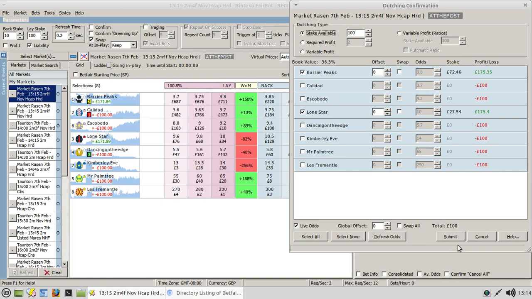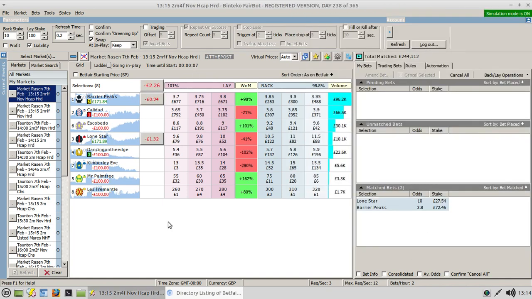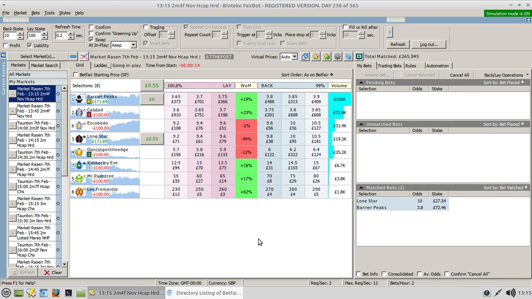Okay, so just about off time. Let's just submit that and we'll see how it goes. Once again, we'll let this race run through to its conclusion, though keep in mind that the idea here is to actually trade out for a green. I haven't set up an automatic green out position, so keep an eye on the green up all button here during the race to see what sort of levels you could potentially green out at.